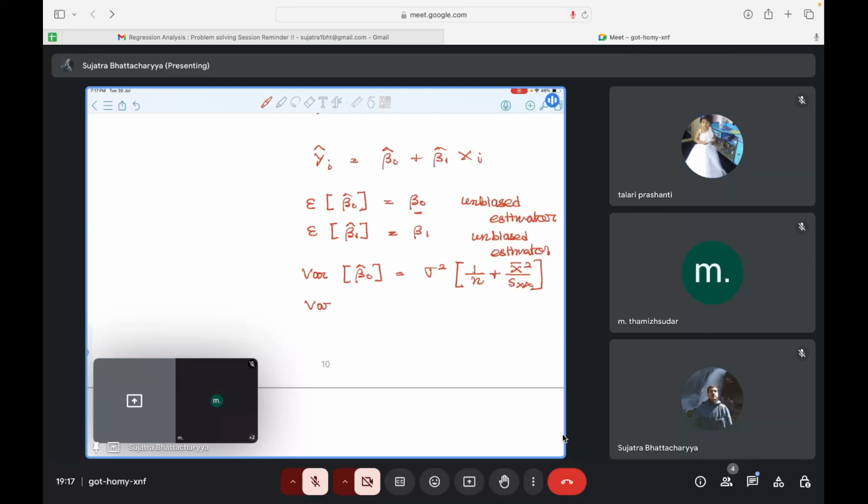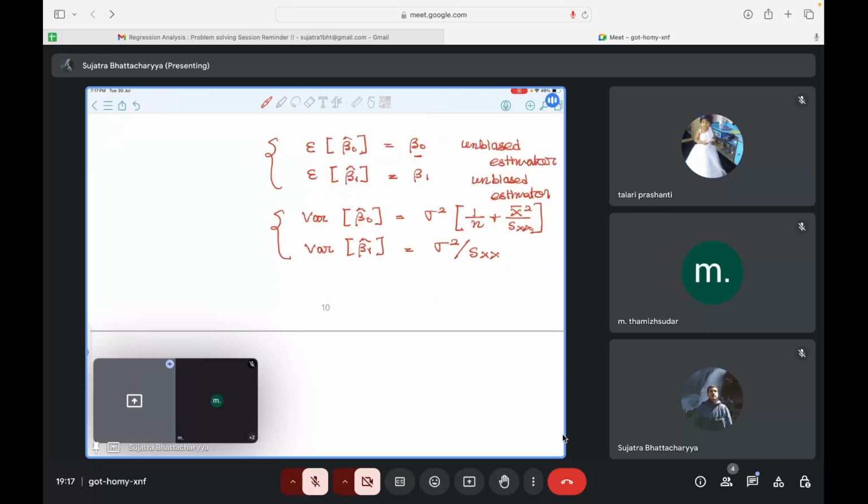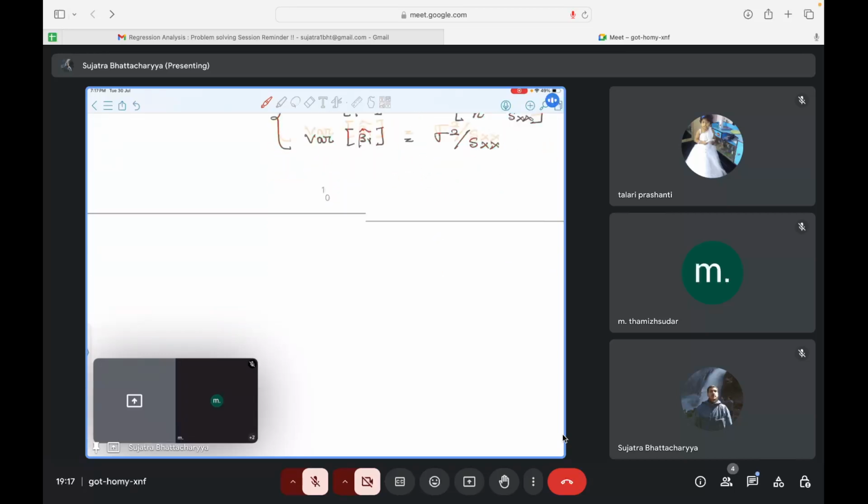And the variance of beta 1 cap is sigma square by Sxx. Remember these two things. We will be using them in hypothesis testing. So both are unbiased estimators and both have these variances.